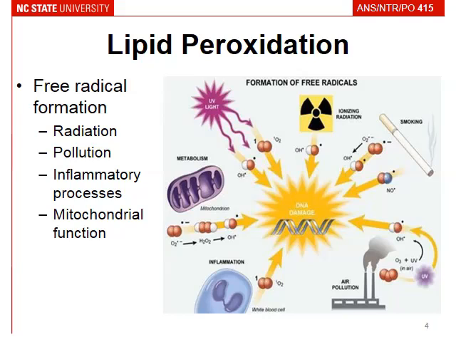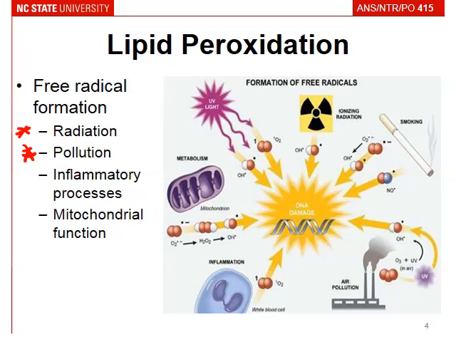So what is initiating the free radical formation? We have many different environmental factors that are contributing to the formation of these free radicals. The most common ones that we have learned all throughout elementary school, etc., are radiation and pollution. We all know that radiation and pollution are bad.